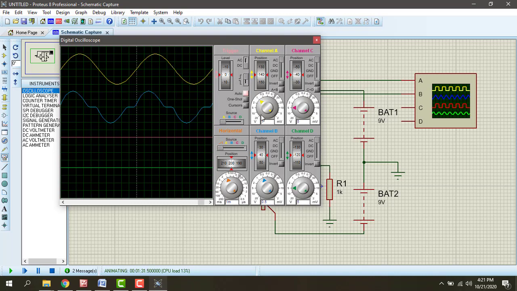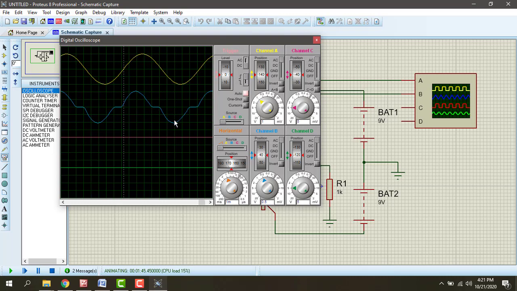Similarly, in the output also we have exactly 2.1 positive cycle and 2.1 negative cycle.